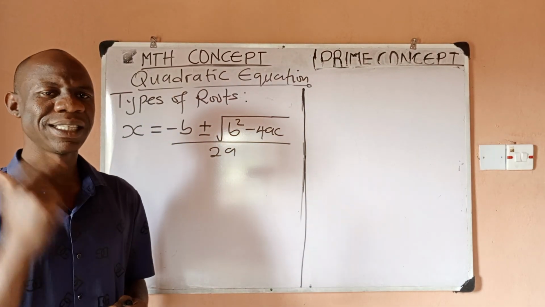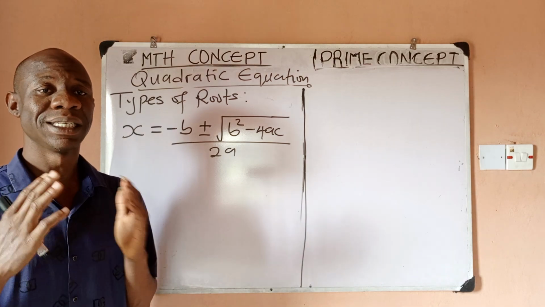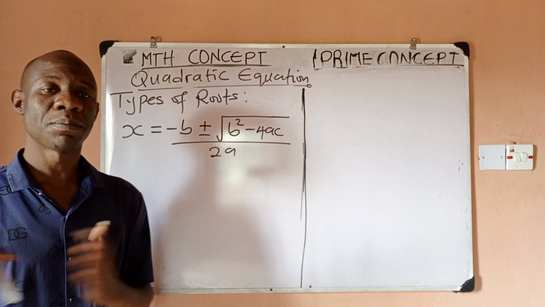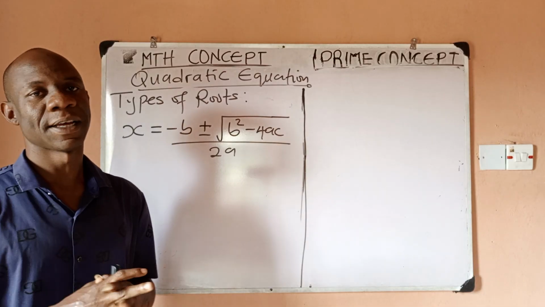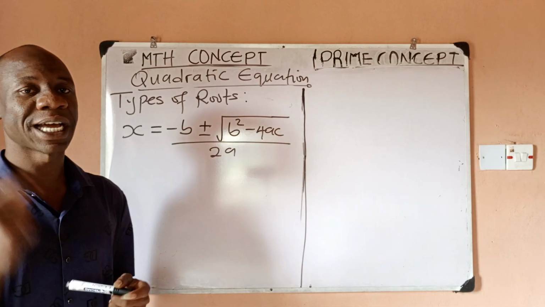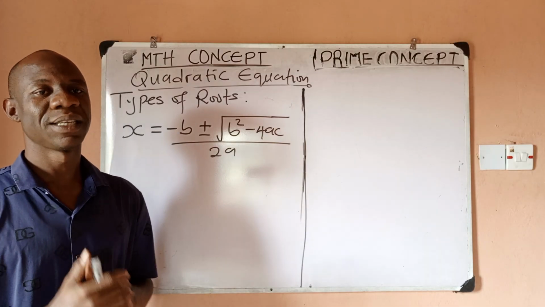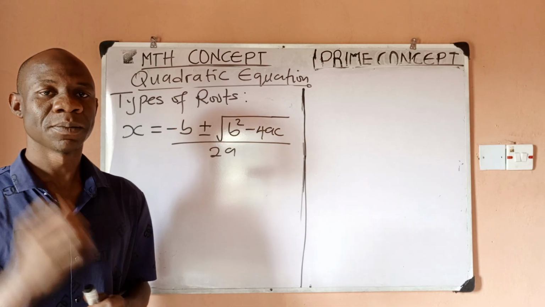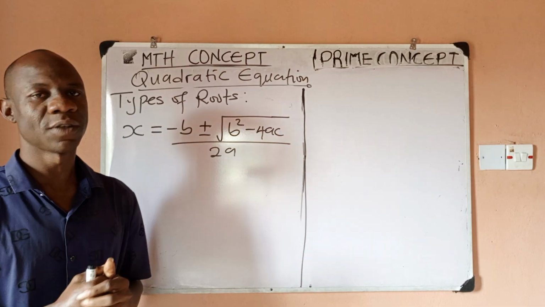When you get a negative sign inside your root, that answer is said to be imaginary. We call it a complex answer, or we say it is not a real answer. Whenever you get a negative sign in the root, it gives us what we call a complex number, or an imaginary number. So a quadratic equation can lead us to those kinds of solutions.